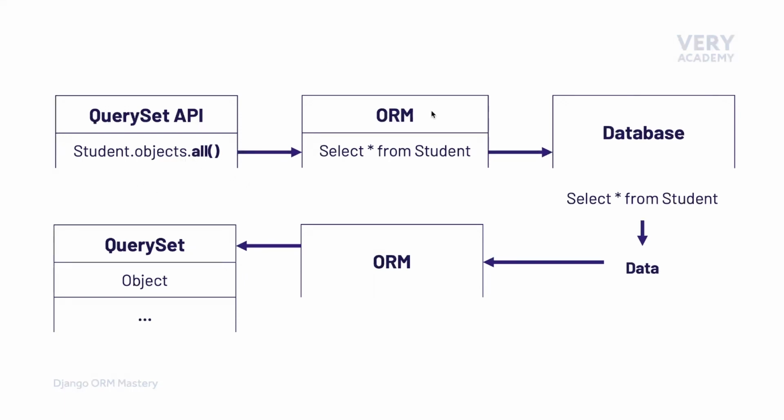Behind the scenes, that's going to get converted into an SQL statement, which can then be executed on the database, and data can then be returned through the ORM, and a query set can be generated. Inside of our query set, each row that's returned from the database will be converted into an object inside of that query set.